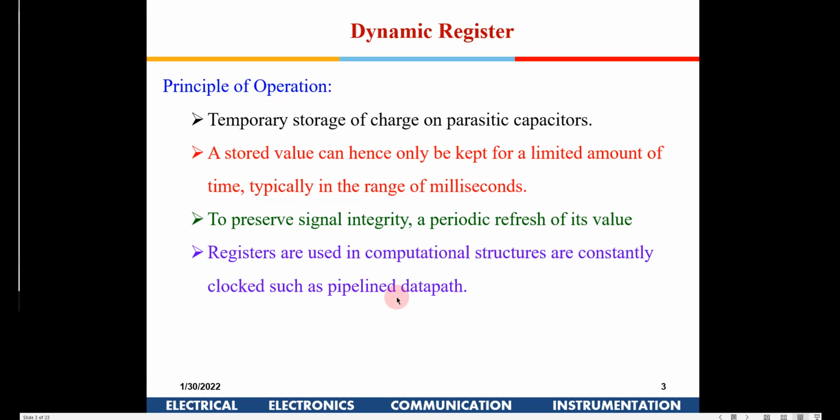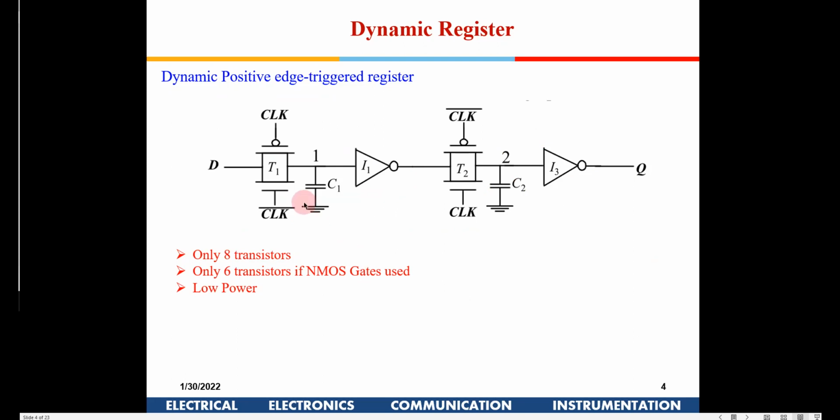So the data in those registers keeps getting refreshed in a few microseconds or nanoseconds. So in those kinds of registers, we can use dynamic registers. Okay, so is this clear? Let's move forward. It will be very clear once we take the actual schematic.